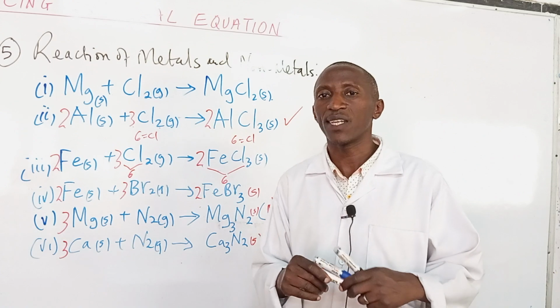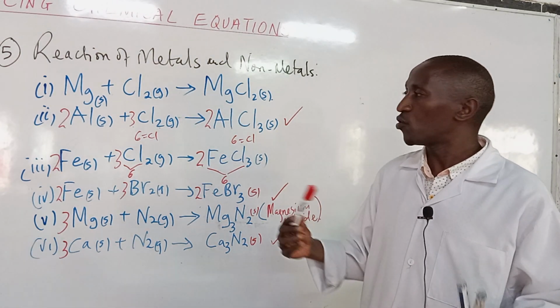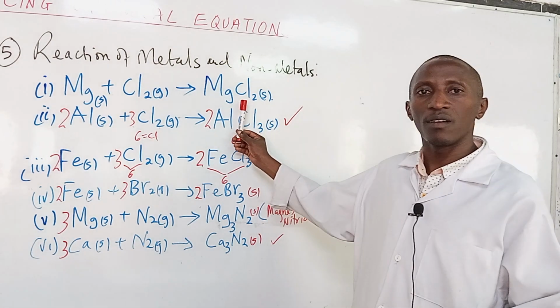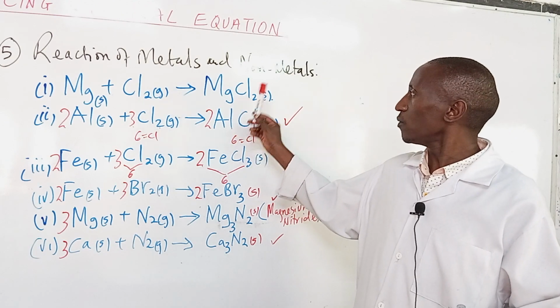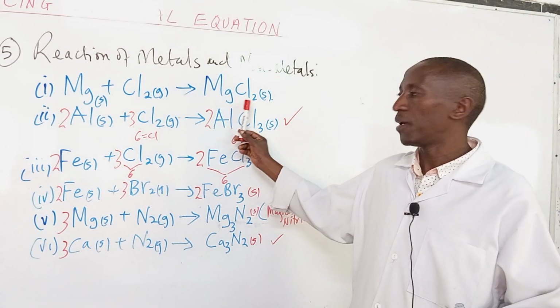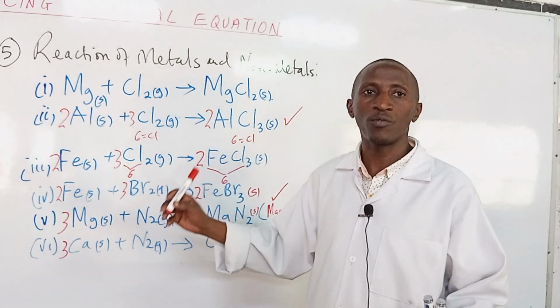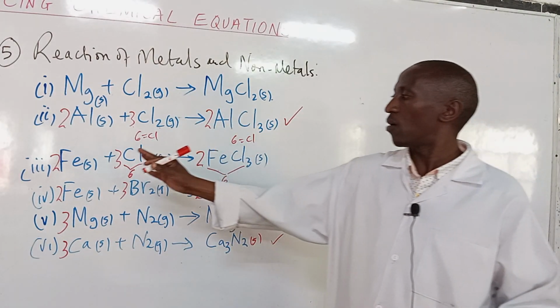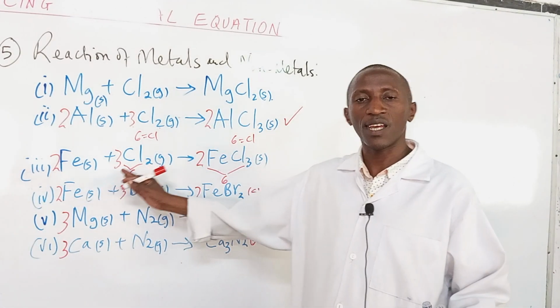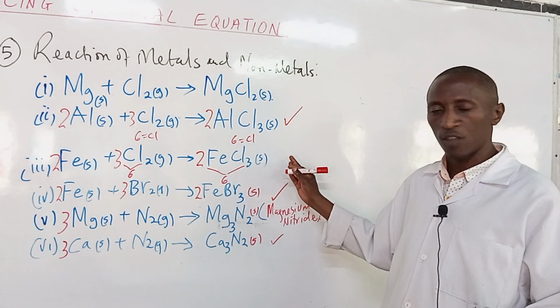In summary, the student must master the valency, the chemical formula the correct way, and then the ability to count number of atoms on the reactant side and number of atoms on the product side.